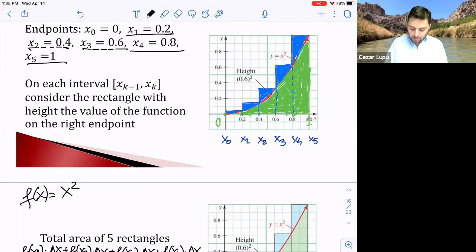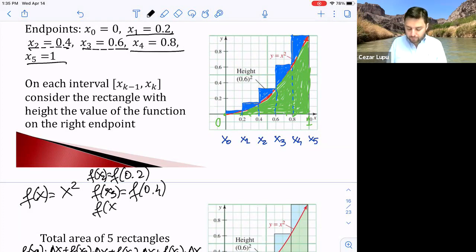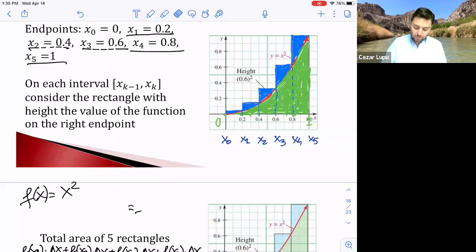So we have to compute f of 0.2. Wait, where am I? All right, give me a second. So f of x1, sorry.